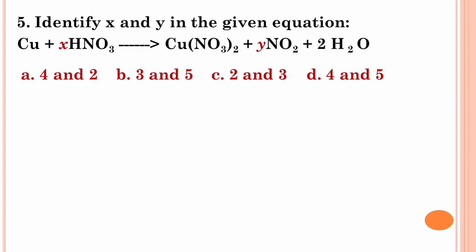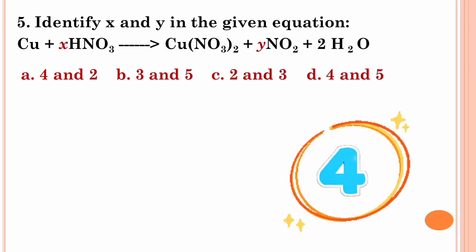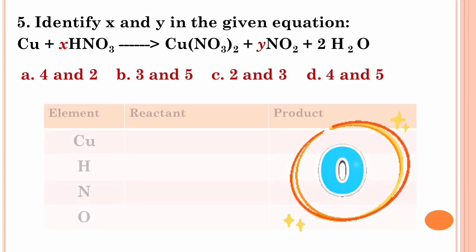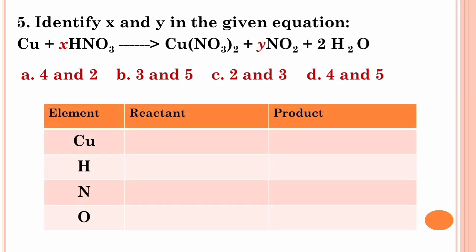Moving on to question number 5. Identify X and Y in the given equation. Cu plus XHNO3 gives Cu(NO3)2 plus YNO2 plus 2H2O. So we have to balance the equation to understand the values of X and Y. So let's first calculate the number of atoms of copper, hydrogen, nitrogen and oxygen in the reactant and product side.